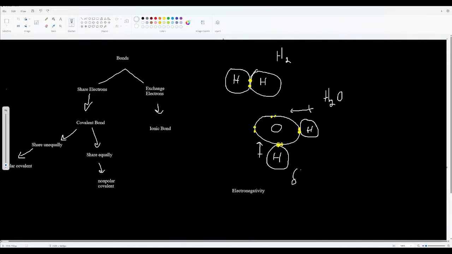We create a partial positive charge here in one hydrogen, a partial positive charge here in the other one, a partial negative charge on the opposite side, and then another one here. Bam. That's water. Water is the only molecule, as small as it is, that can have 4 different spots that are partially charged like this.